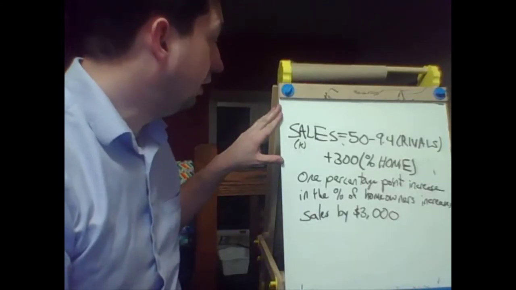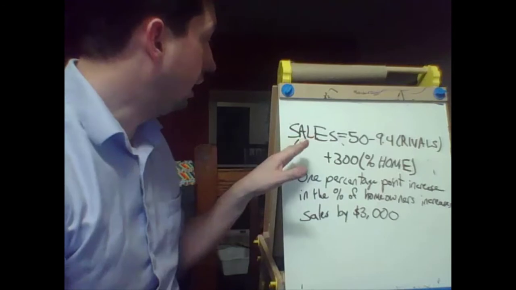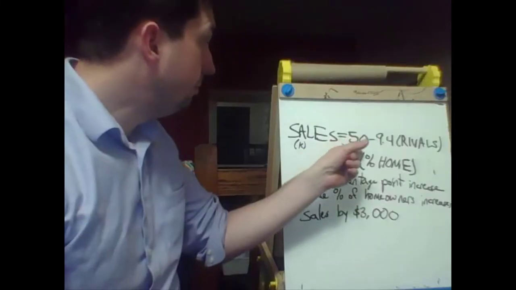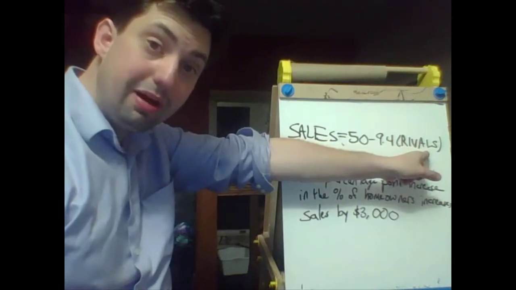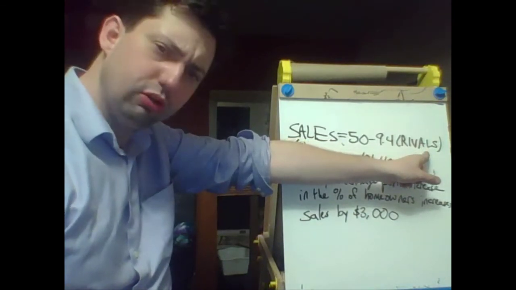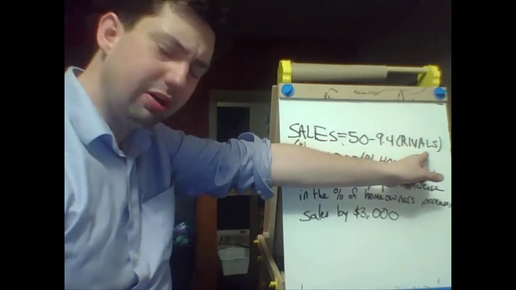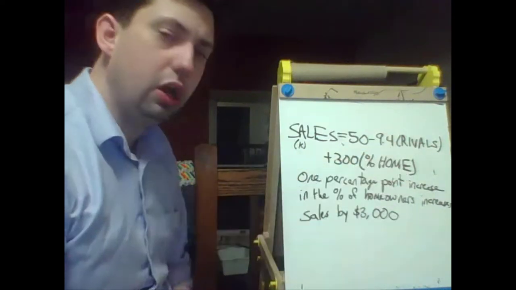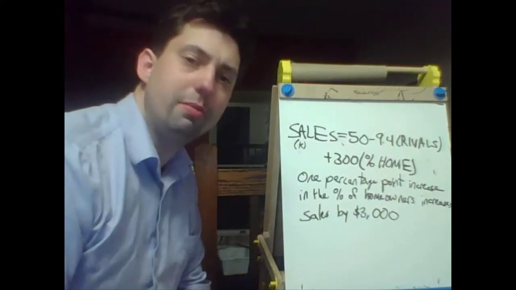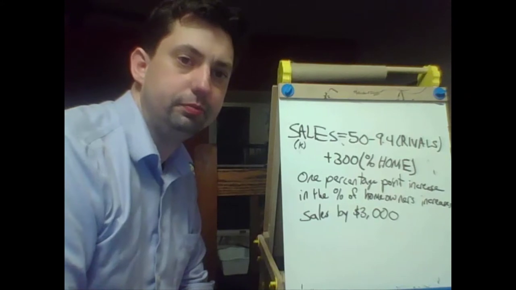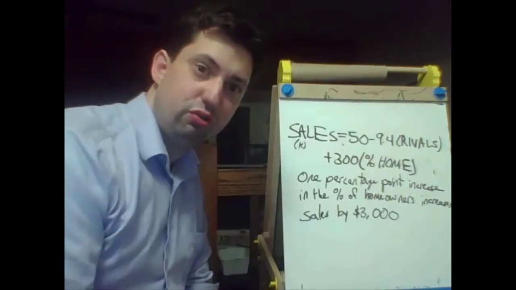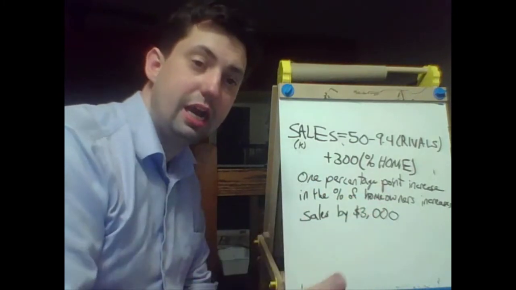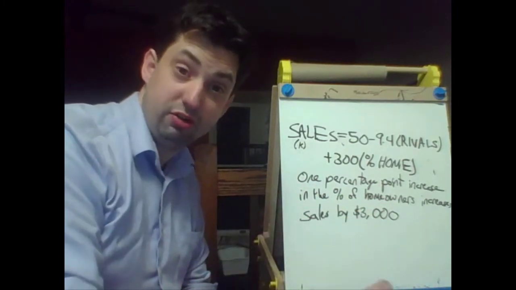So here we have sales in thousands of dollars predicted by the number of rivals within a 20-mile radius. This is for a home improvement store. So number of rivals in a 20-mile radius and the percent of people in that 20-mile radius who own their own homes. That percent in the actual analysis will be indicated between a 0 and 1, like all percents are.